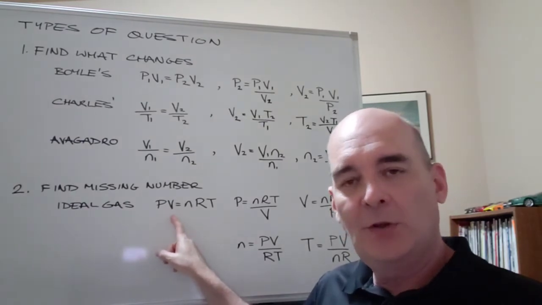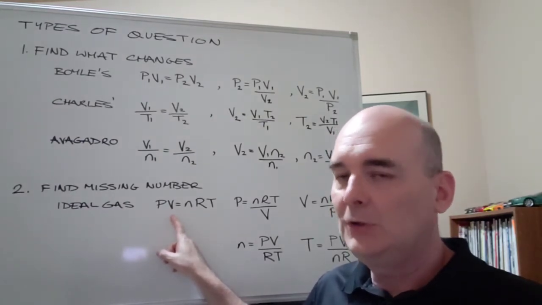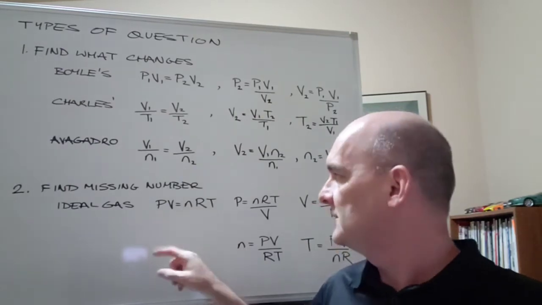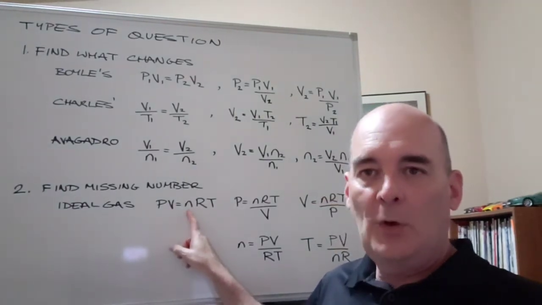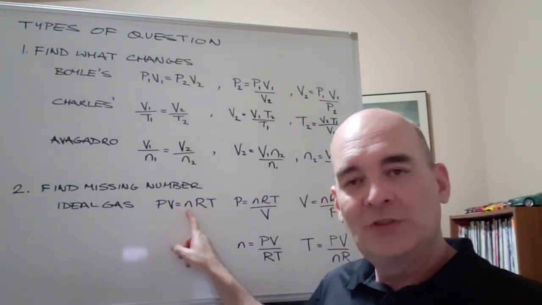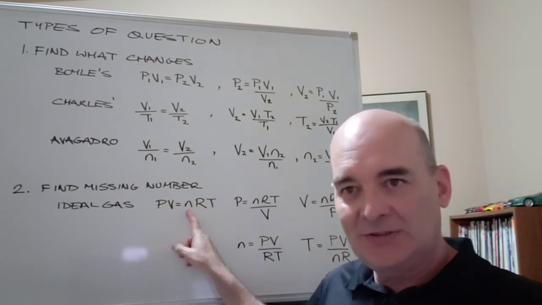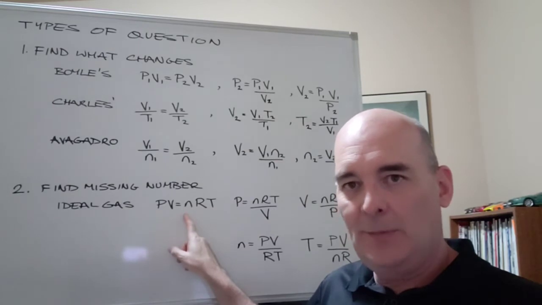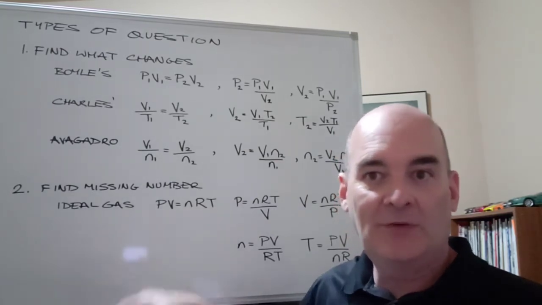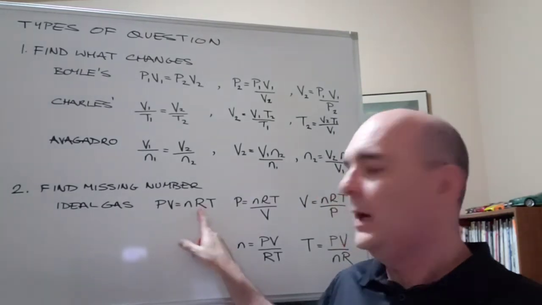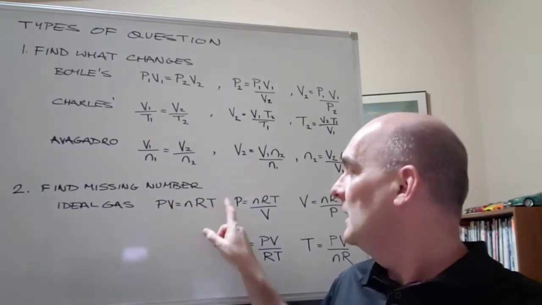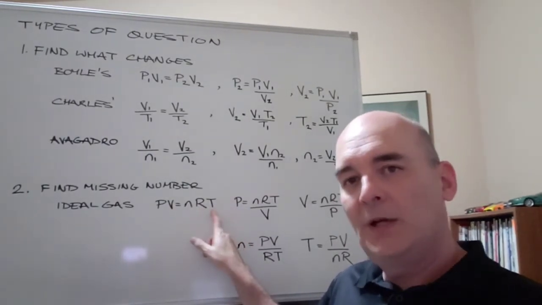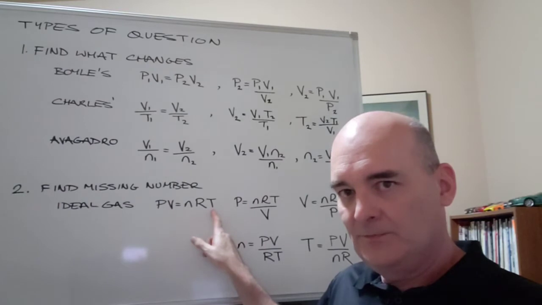If it's given to you in the question in milliliters, you've got to convert that into liters. n is the number of moles. If the question tells you a mass of gas, you've got to turn that mass into a number of moles. Moles is mass divided by formula mass. R is a constant, and T must be in Kelvin.